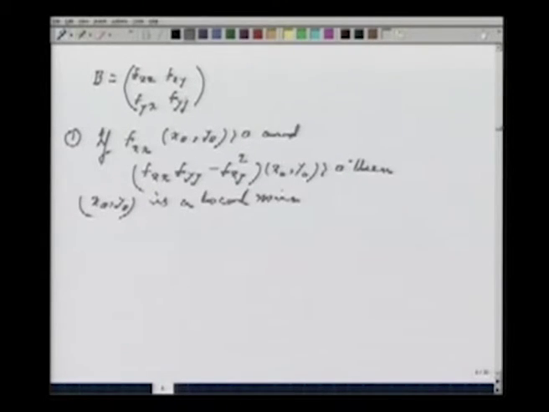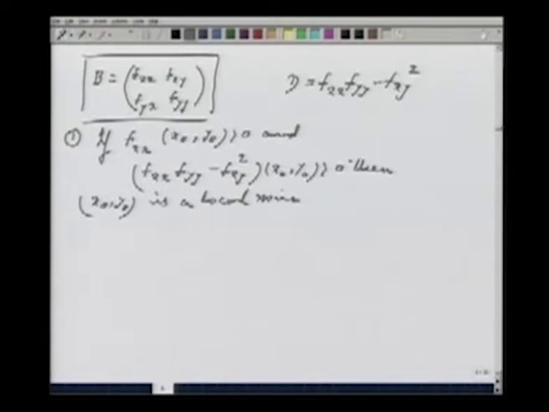So just look at this formal matrix which I have written. If I formally calculate a determinant which I would call D, that is precisely fxx fyy minus fxy². So all we are saying is that D at (x₀, y₀) is bigger than 0.